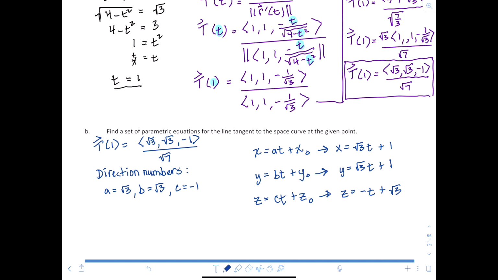If you rationalized, you'd have something different. And notice it says find a set of parametric equations. So we went ahead and we found this set here. We're good to go.